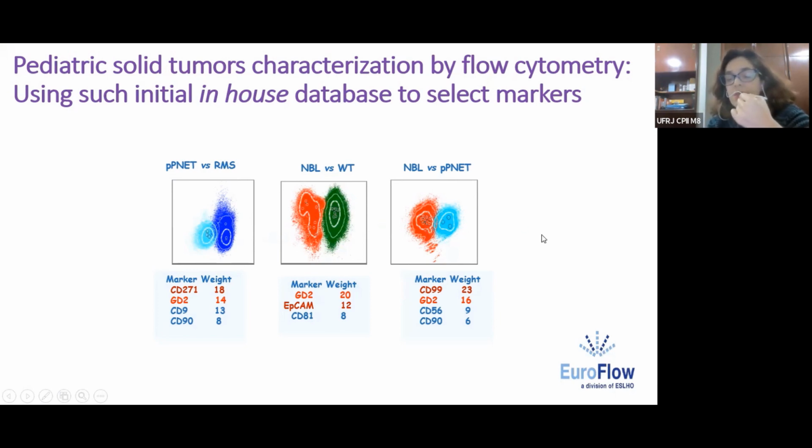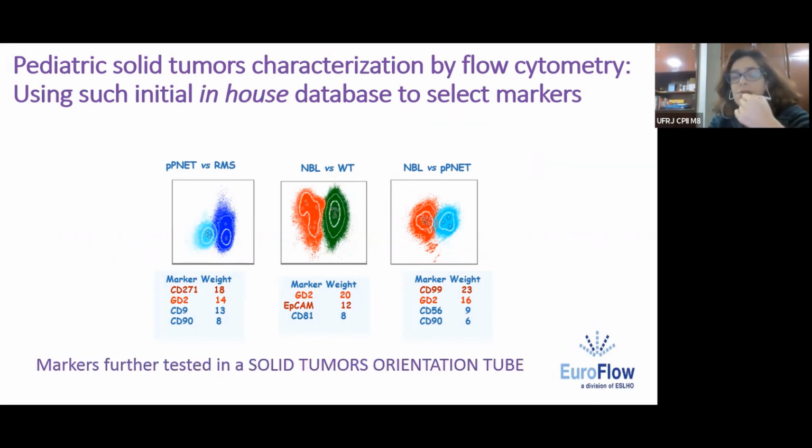Now we have much more, and this selection of markers will be better. But this in-house database was quite useful to identify markers, to be further tested in a proposal for solid tumor orientation too.